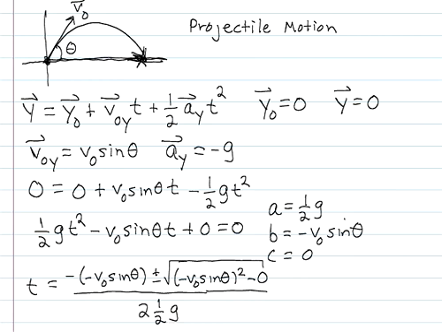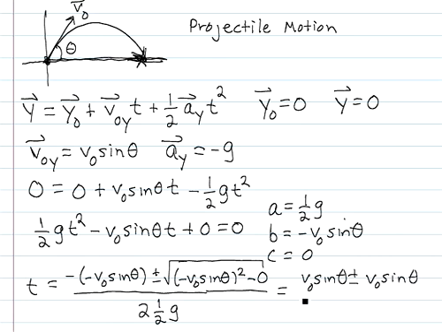If you simplify this, you get v sub 0 sine theta plus or minus the next term: you square that and take the square root, and those two operations cancel, so you get plus or minus v sub 0 sine theta.